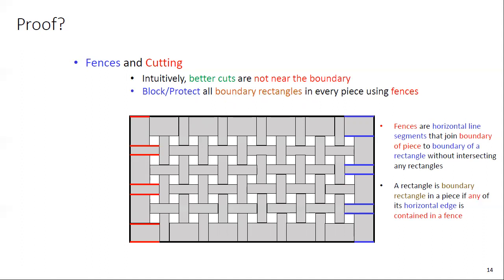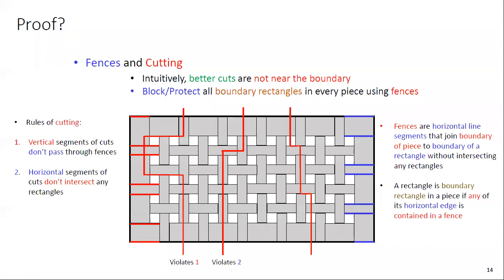And one rule that we will use when we cut is to never cut through a fence. That's one strategy that I want to apply. Never cut through a fence. So somehow it means cut in the middle.